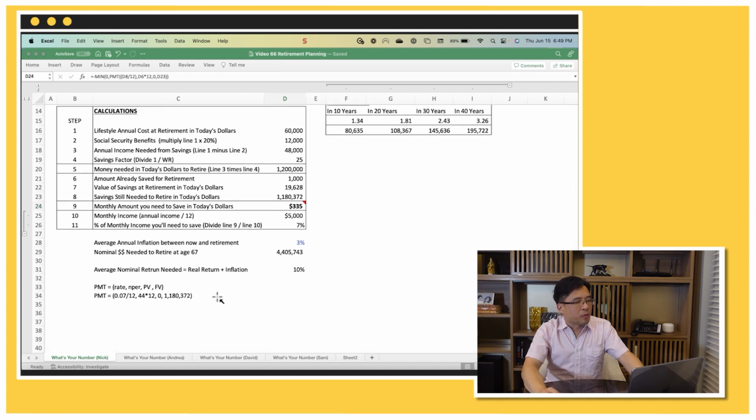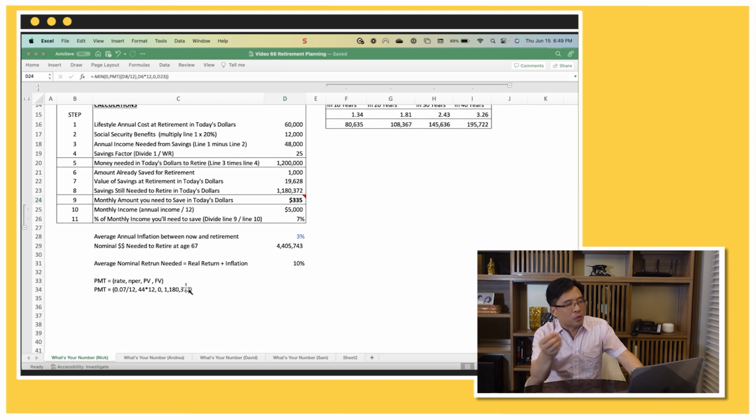Basically, in your financial calculator or in Excel, you'll have this formula for payments. How much is your monthly payment that you'll need to be able to get to that number, $1,180,000 in 44 years. So here's the payment formula, and there are 4 inputs. First is the investment rate, the rate at which you're compounding per period. So we have 7% per year, but we have to divide it by 12 because we're doing monthly.